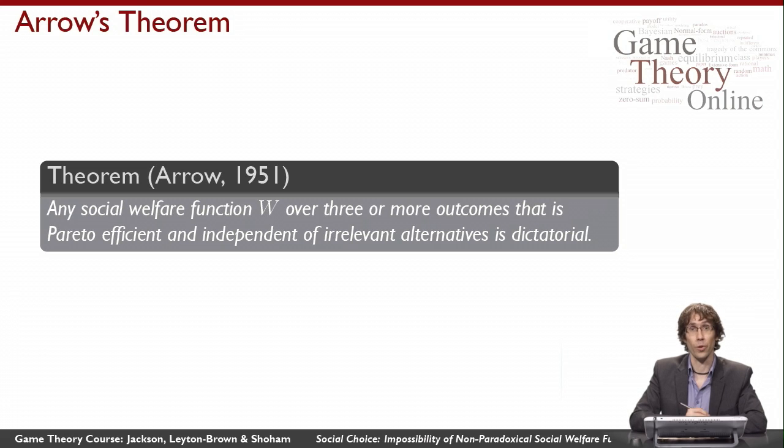So in other words, these two things that seem very natural that we would want, Pareto efficiency and independence of irrelevant alternatives, are so constraining on the set of social welfare functions that they imply that we would have to have a dictatorial social welfare function. Since we can't possibly live with a dictatorial social welfare function, what that really means is that we have to give up either Pareto efficiency or independence of irrelevant alternatives. And that's pretty bad news because these are both pretty natural things.